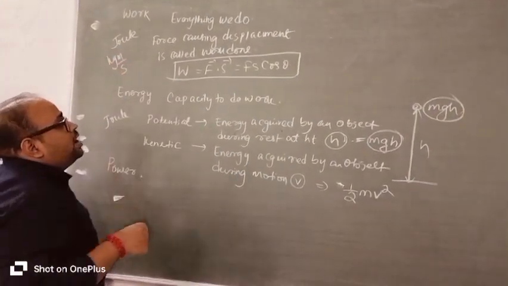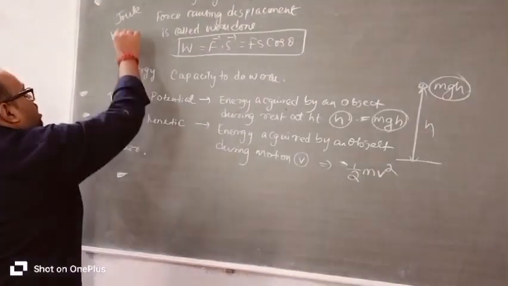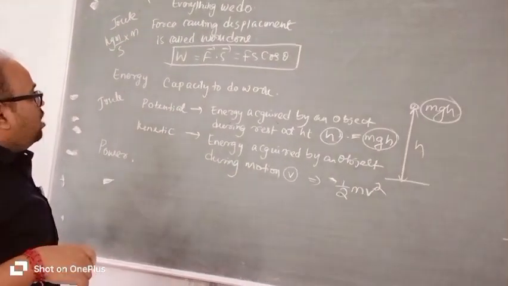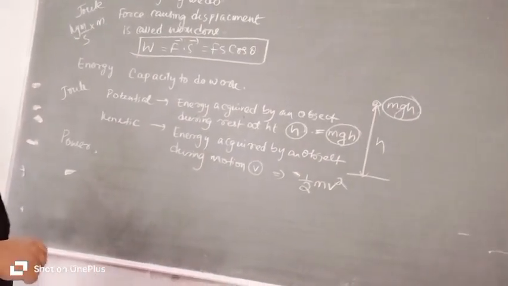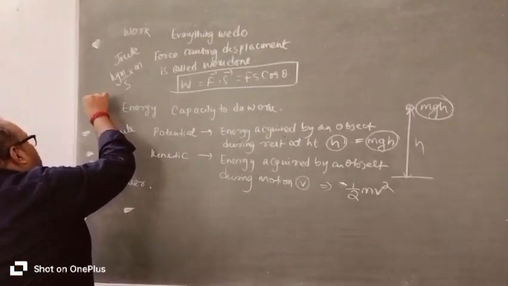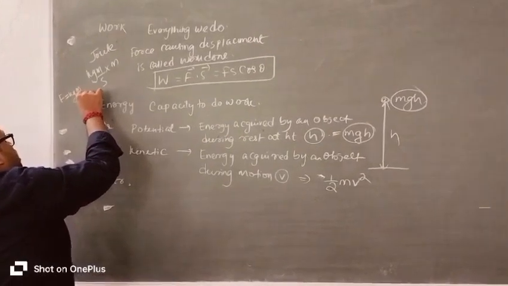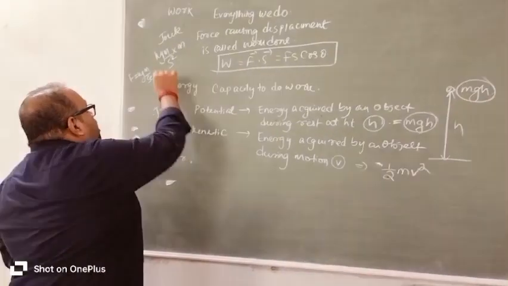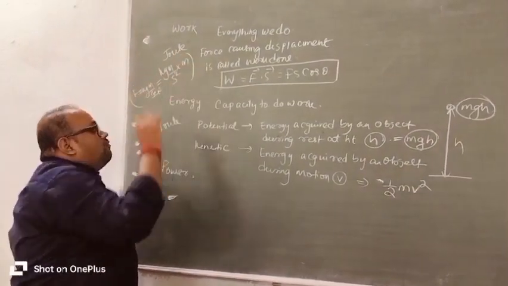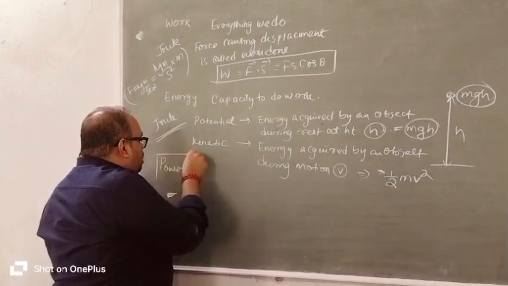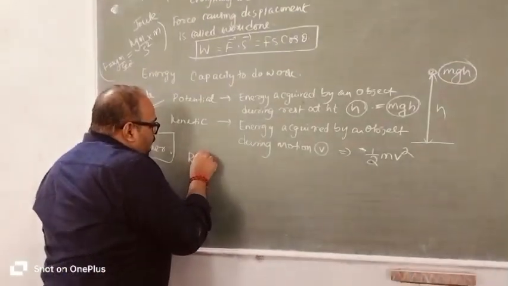Here we can write kilogram meter per second square multiplied by meter, so kilogram meter square per second square is the unit of work done, which is again the same for energy, which is the joule.